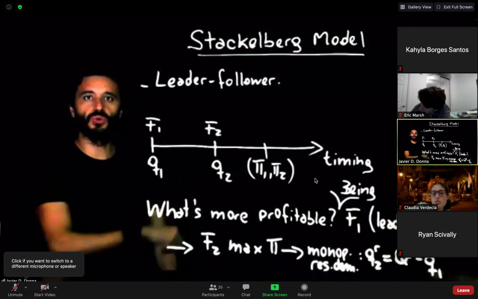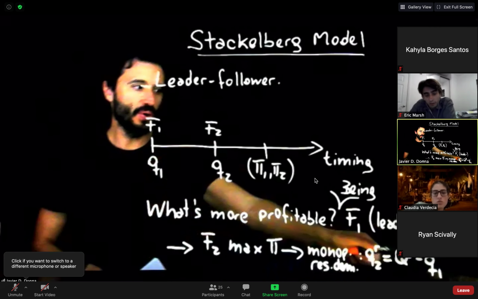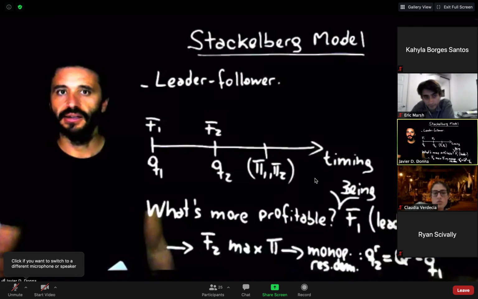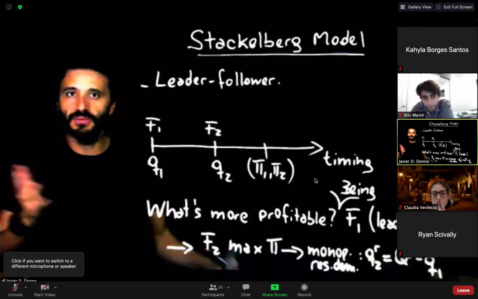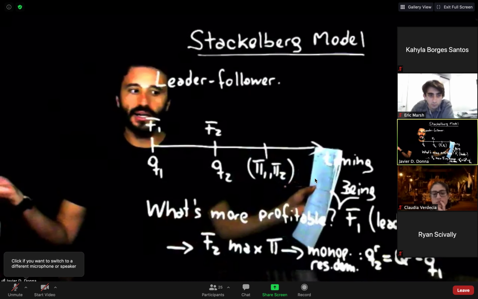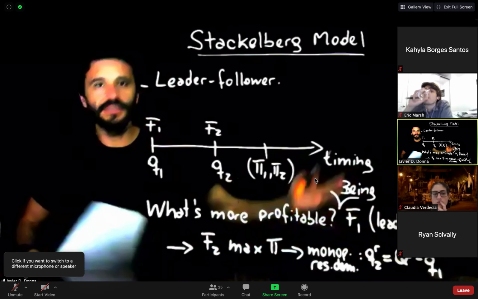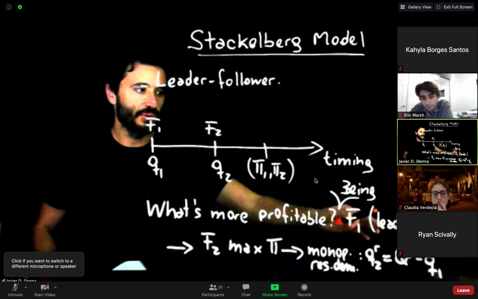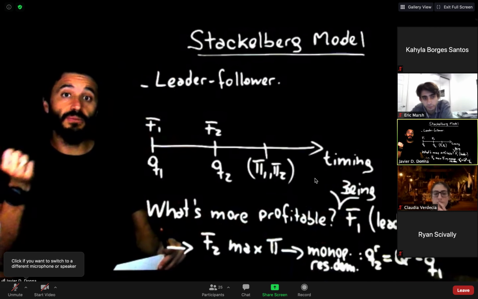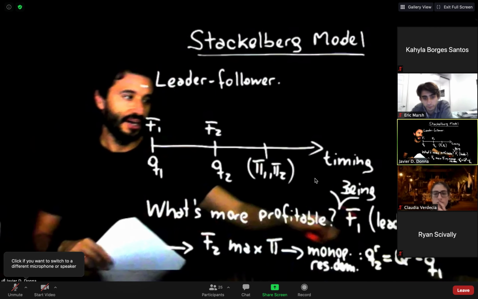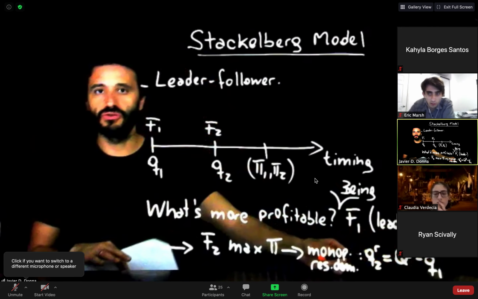Regardless of what Firm 2 does, Firm 1 cannot change Q1 because it already played. So Firm 2 says, well, tough luck. If Firm 1 plays a very high quantity, the best thing I can do is maximize my profit given this. And if it plays a very low quantity, the same thing. So there's nothing much Firm 2 can do. On the other hand, Firm 1 has many more options, because it knows that by choosing Q1 it is going to condition what Firm 2 does.